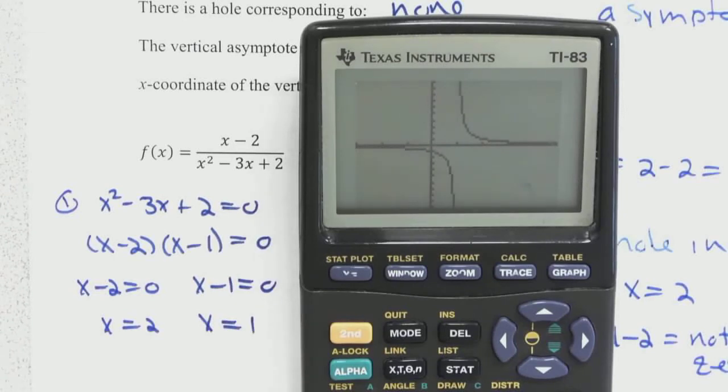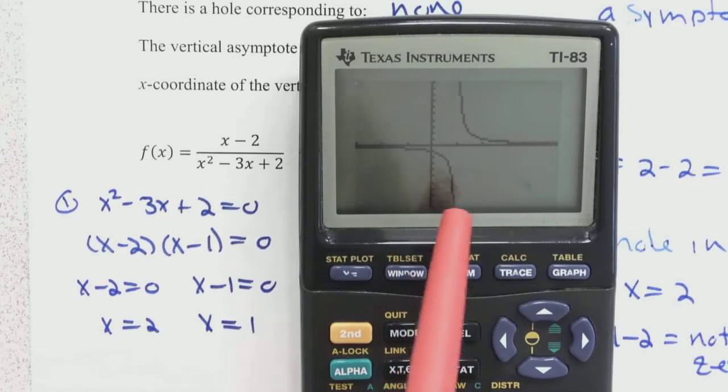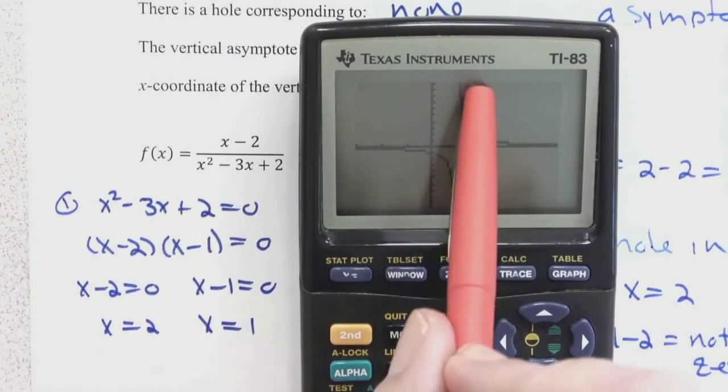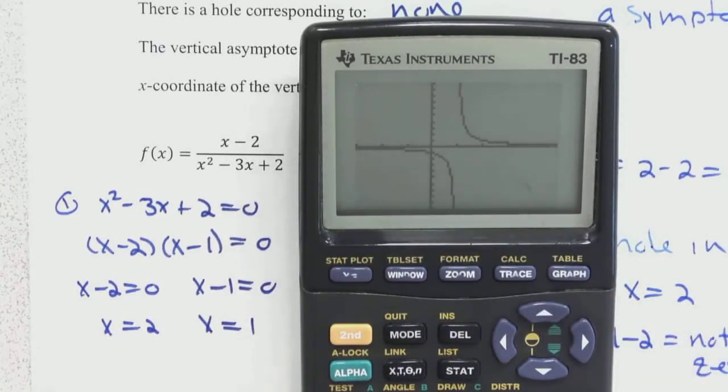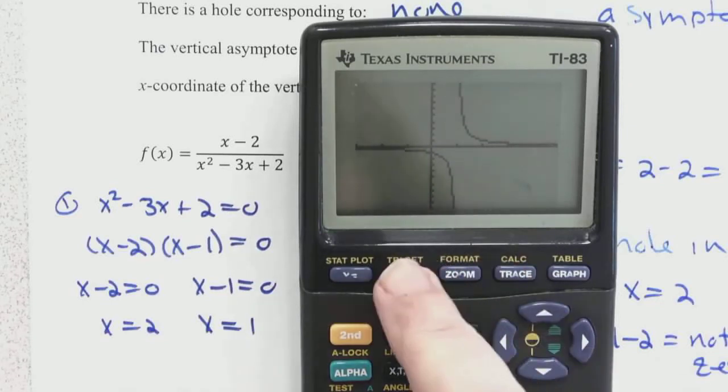So which one's right? What the calculator is doing when it graphs these things is just making a T-chart, calculating all those values, and then connecting the dots. And for some reason, when it made its T-chart here, the last dot here and the first dot over there, it just didn't connect those two dots together.